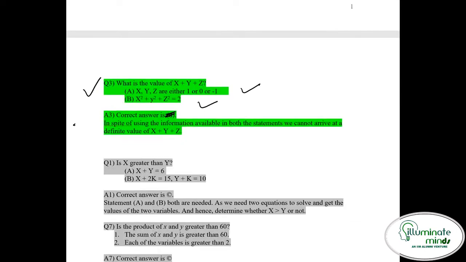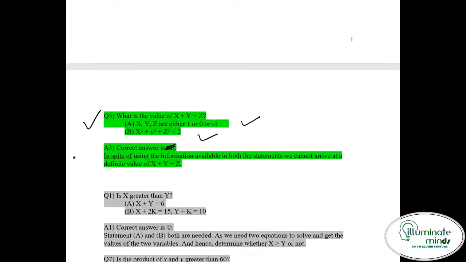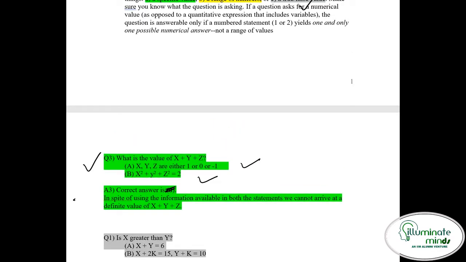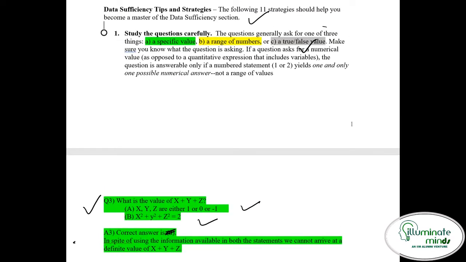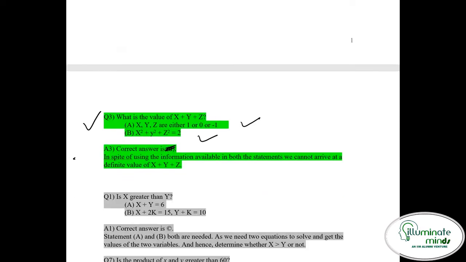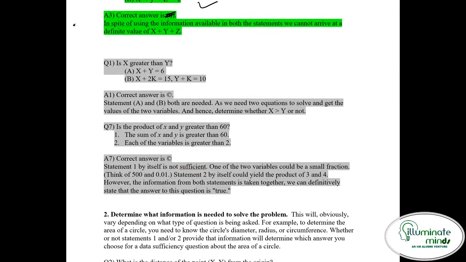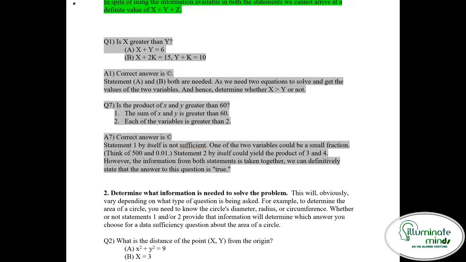Now let's come to the next example. The gray that I have marked is for the true false value that I was referring to. So, is x greater than y? Whenever the question starts with "is", what do I need to answer? Whether I need to prove that x is greater than y, or whether I need to disprove it.